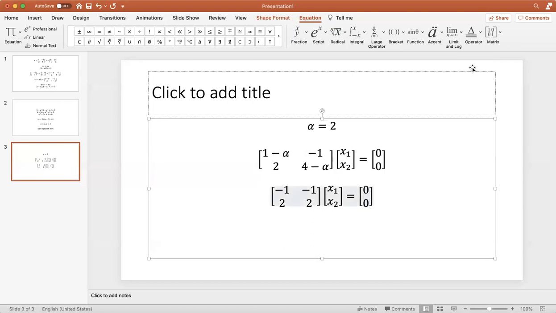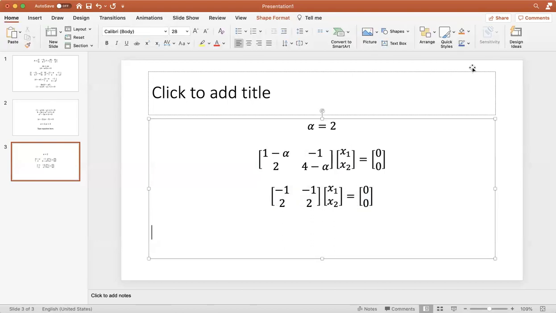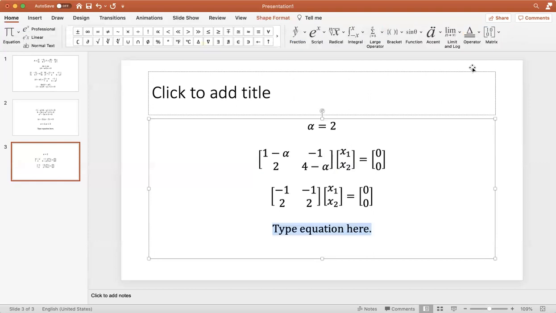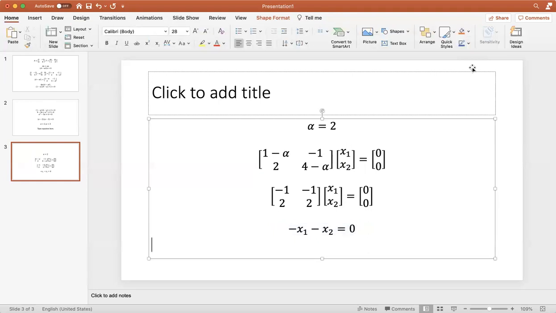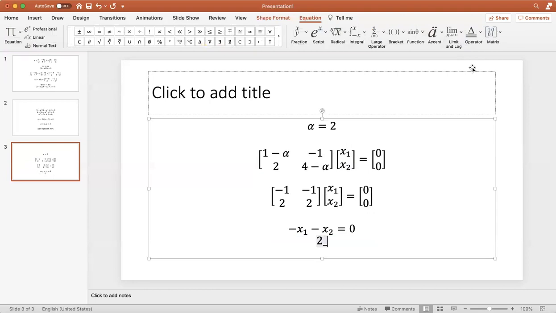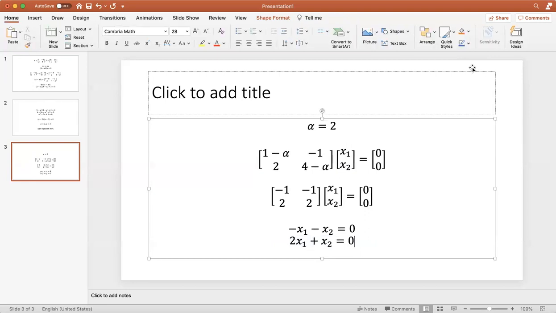Now, reverting it back to its equation form, you will get negative x1 minus x2 equals 0, and then 2x1 plus x2 equals 0.